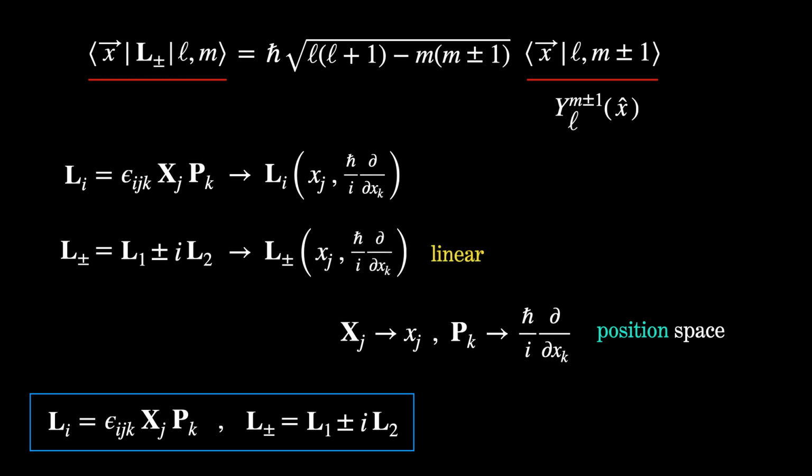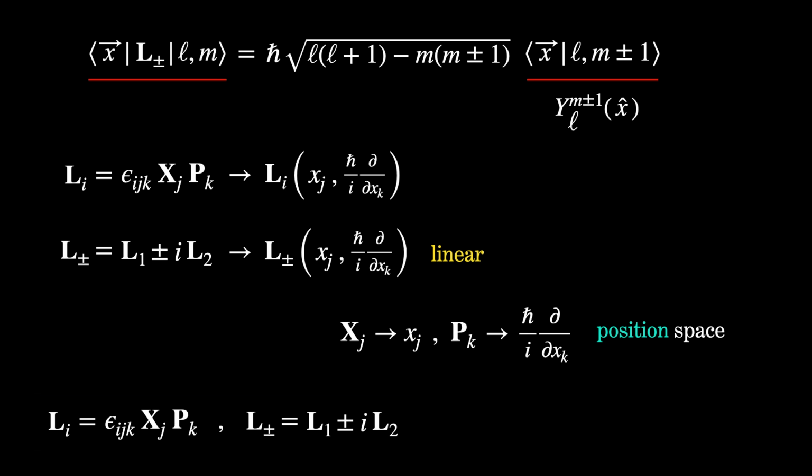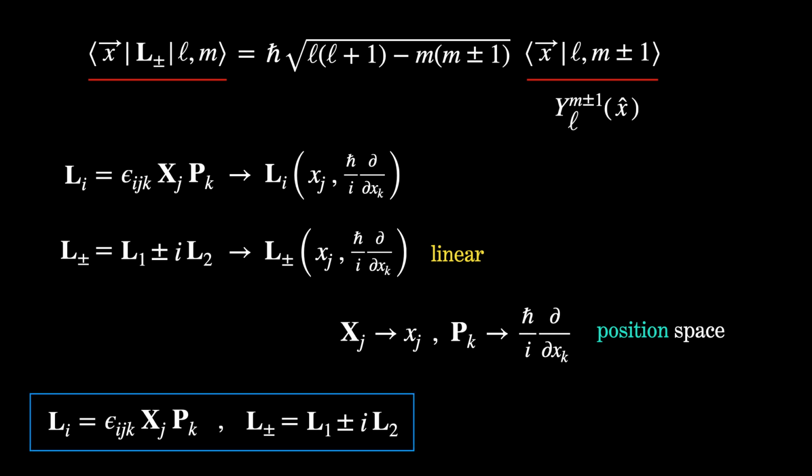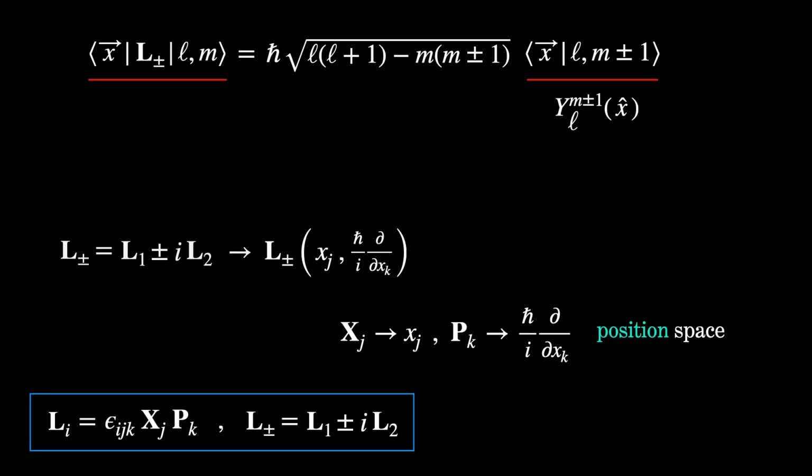This is quite obvious, since the angular momentum is linear in both these variables, and L plus minus itself is a linear combination of L1 and L2. So the term on the left-hand side of this equation is just the position space representation of L plus minus, which is some differential operator acting on the spherical harmonics YLM.